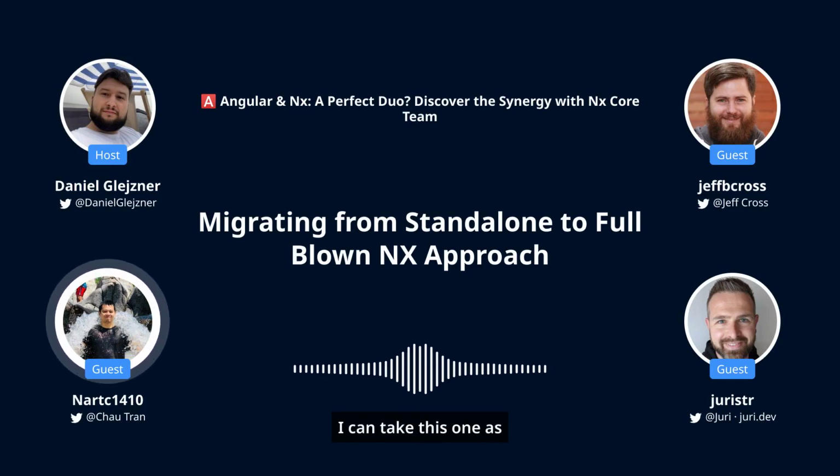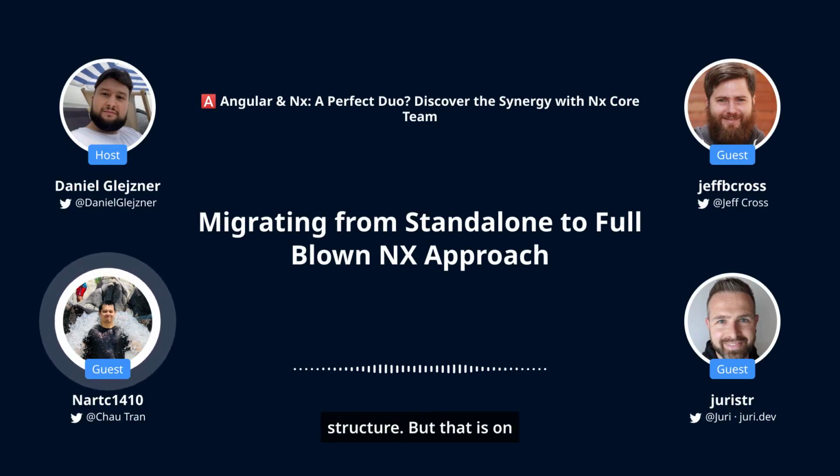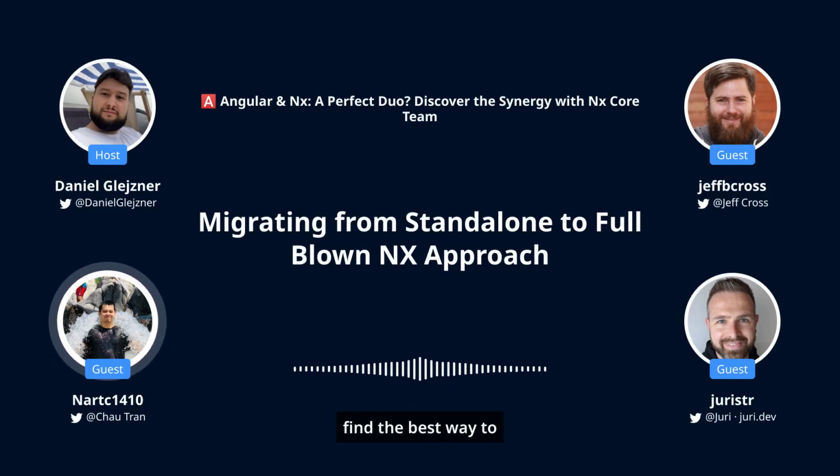I can take this one, Yuri, and you can add later. As of the moment, there is no schematic or generator to help with the migration from standalone project structure to a full-blown Nx project structure. But that is on our mind, on our plan. We're trying to find the best way to support it.